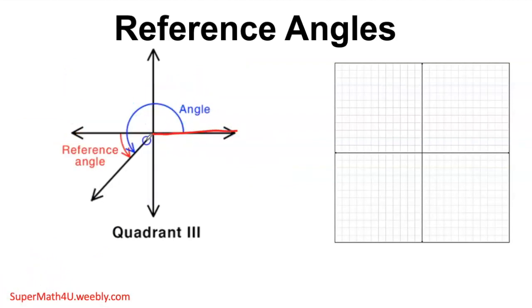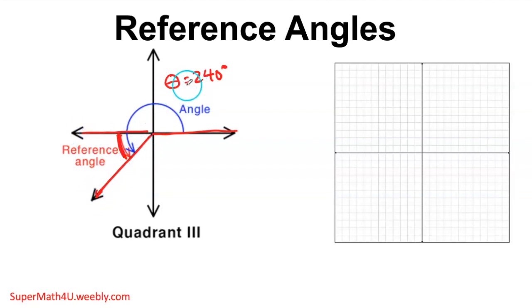Let's go to quadrant 3. Initial, terminal. Let's call this theta 240 degrees, for example. So the blue angle is 240, it landed in Q3. I want to find the reference angle, therefore I have to go between my terminal side and the x-axis. So I have to find this.